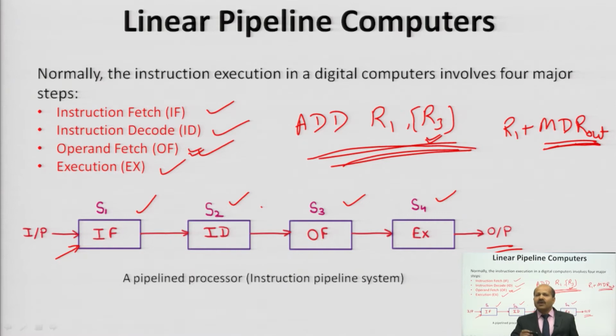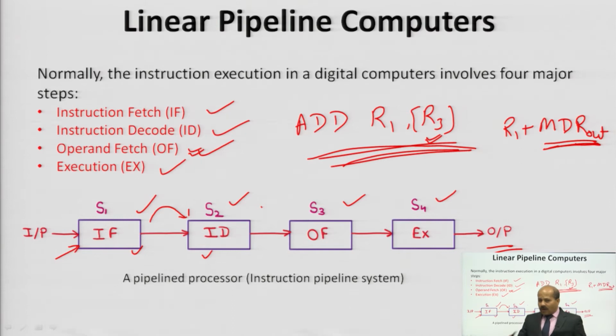After fetching the first instruction, it is given to the second segment, that is S2, instruction decoding, where the first instruction has to be decoded, and the first segment will be empty. So, what can we do? This segment will start fetching the second, or next, instruction. Now, these two segments are working in parallel.